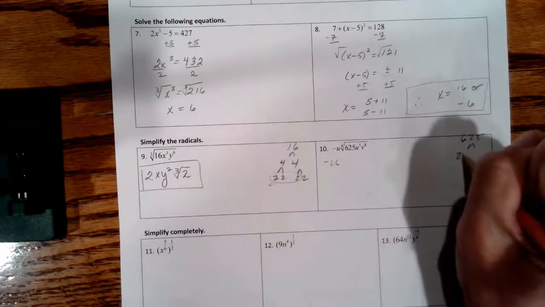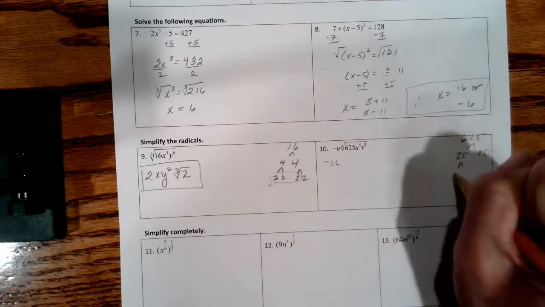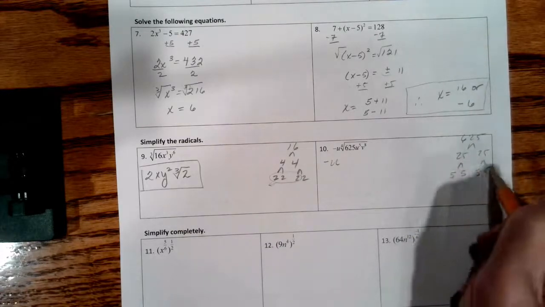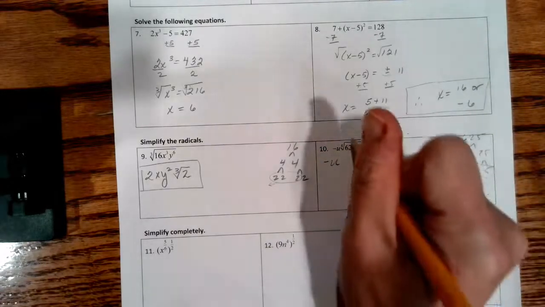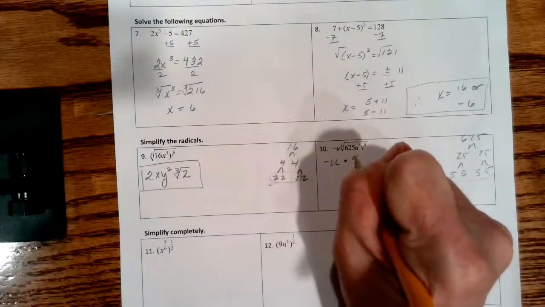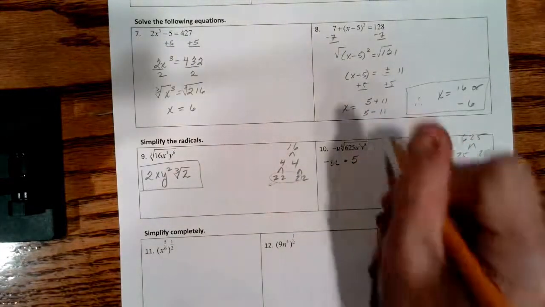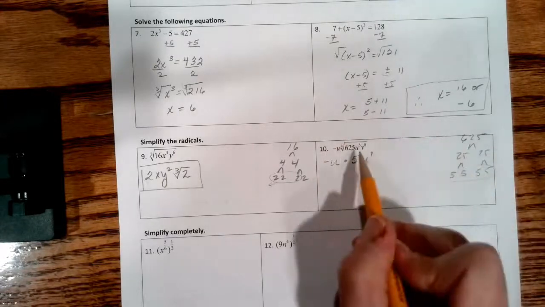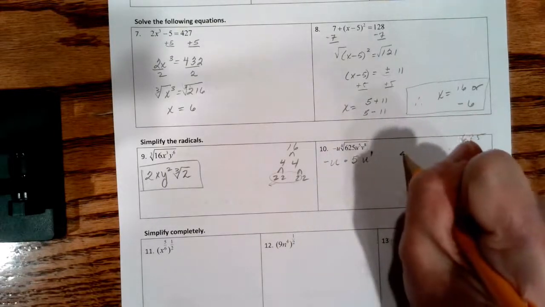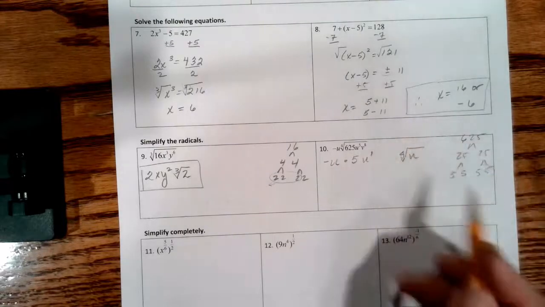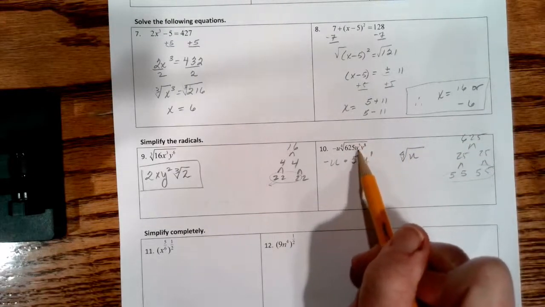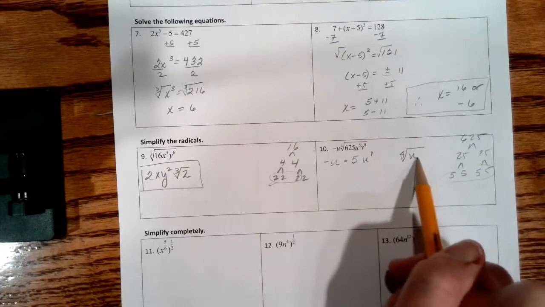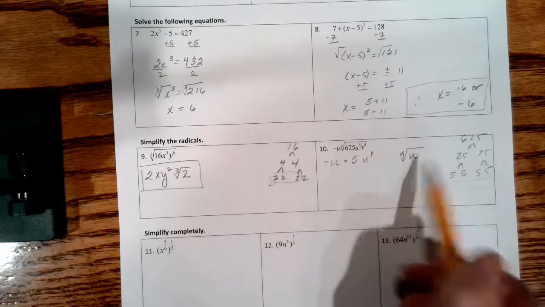625 is 25 times 25, 5 times 5, 5 times 5. So these 4 5's all come out as 1. I'm going to add one more u to the mix, but 1 u is stuck inside. 4 of these come out as 1, and this extra 5th u is inside.